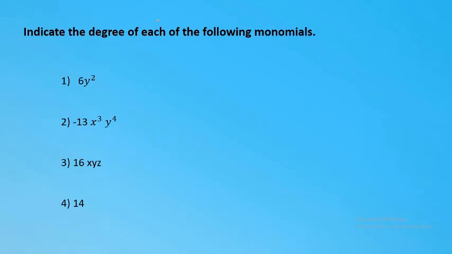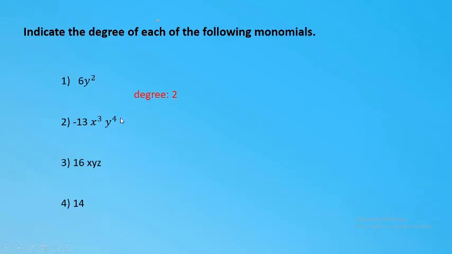The degree of the first monomial, here we have one variable, so the degree is the exponent of the variable, then the first monomial has a degree 2. In the second monomial, you have two variables. The exponent of the first is 3 and the exponent of the second is 4.